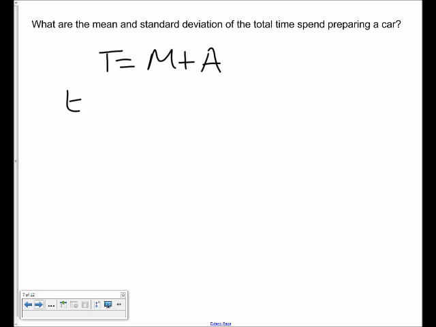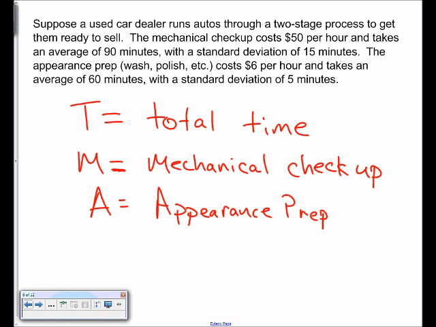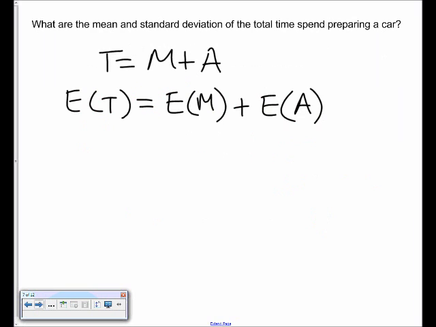Well, in order to do this, I want to find the expected value. So I'm going to write E of t, and I need to add the expected value for the total time for mechanical plus the expected amount of time for the appearance prep. And we were given these numbers in the previous slide. We were given that it takes 90 minutes on average for the mechanical and 60 minutes on average for the appearance.